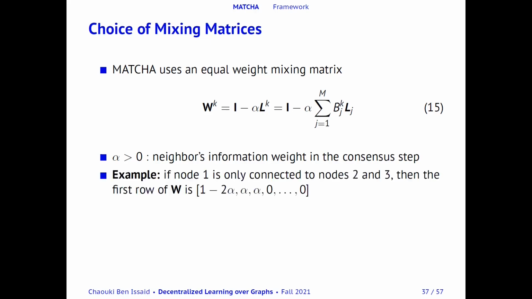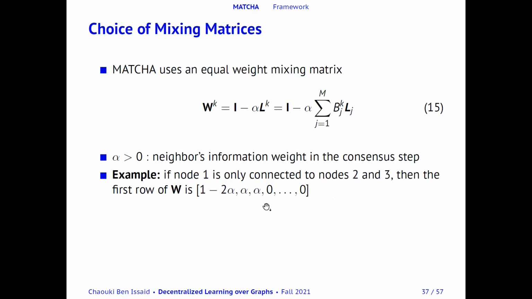For example, if node 1 is only connected to nodes 2 and 3, then the first row of W is given by 1 minus 2 alpha, alpha, alpha, and then the rest of the elements are equal to 0. Of course, the second element is equal to alpha because node 1 is connected to node 2. The third one is equal to alpha because node 1 is connected to node 3.